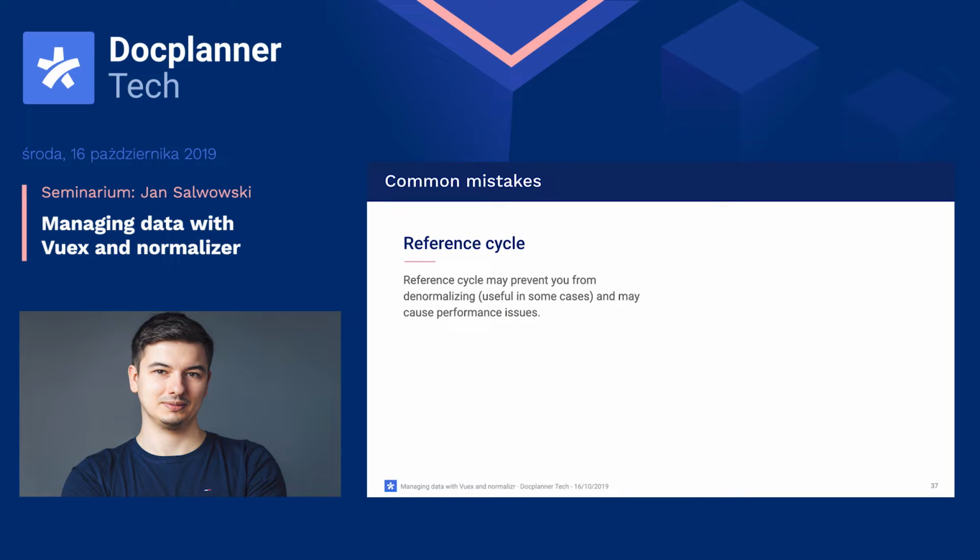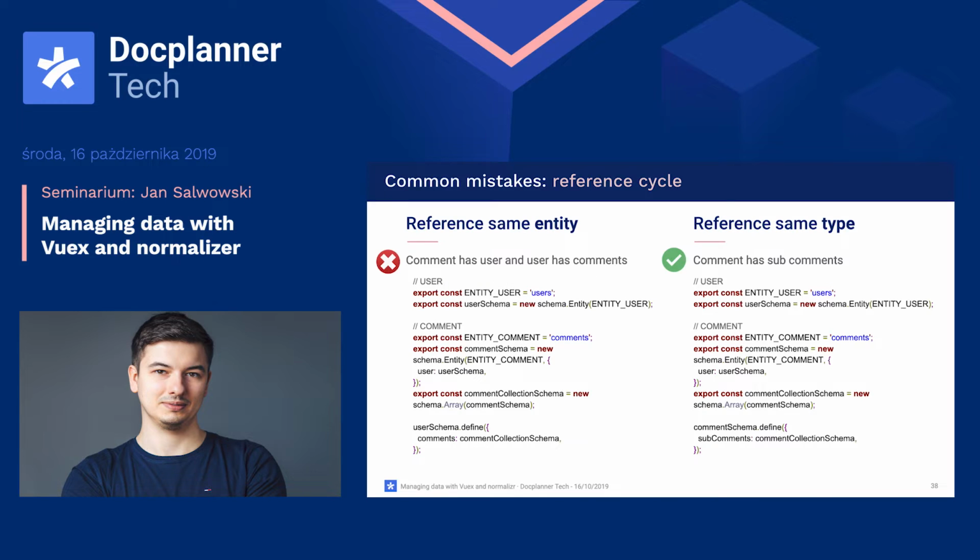Next one. This one is tricky, and it may really harm your performance, as it is the reference cycle. The simplest example of a reference cycle: imagine you have a module A and module B. Module A imports module B, and module B imports module A. You have the cycle. The same thing you can do with your schemas. Imagine that a comment has a user, and the user has a list of comments.